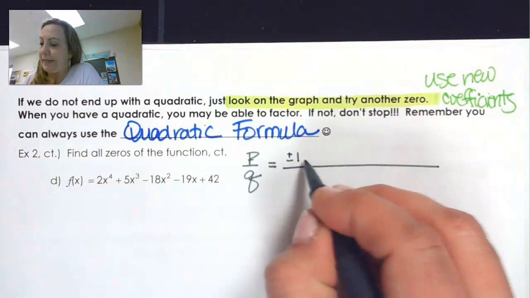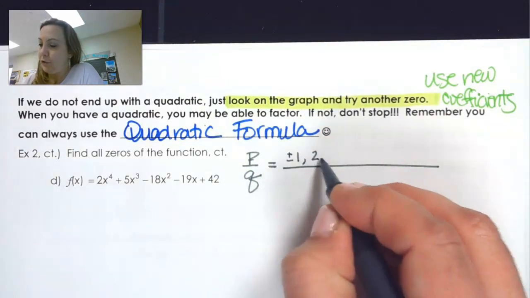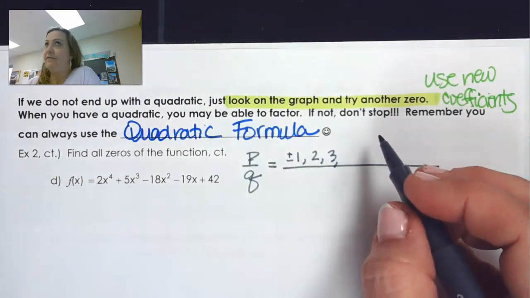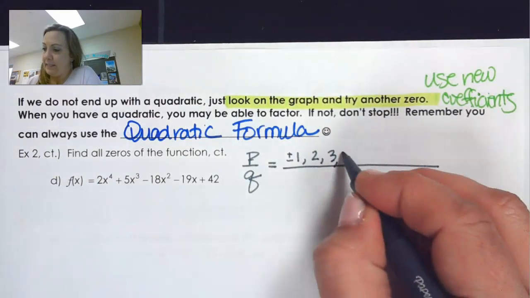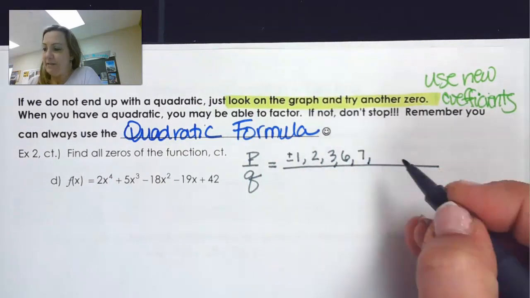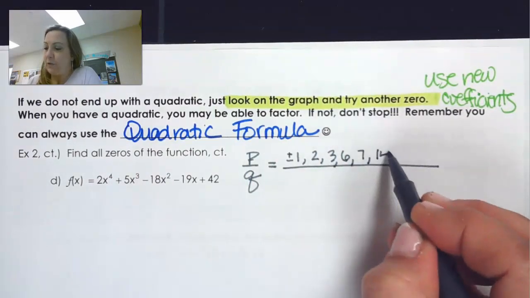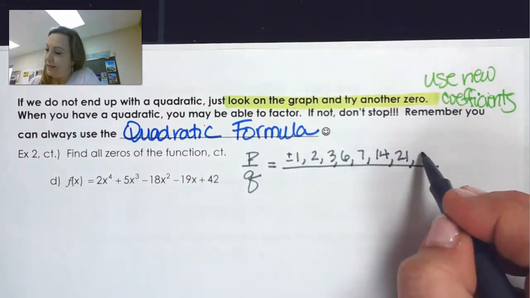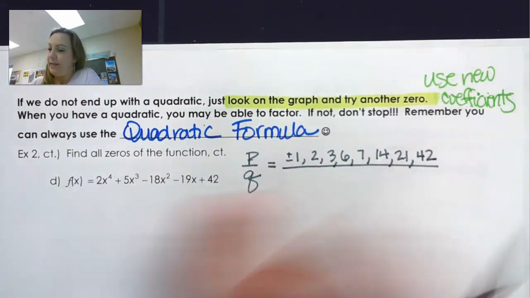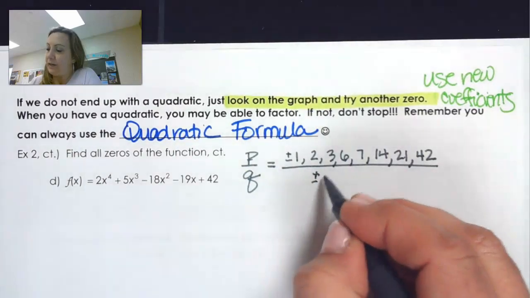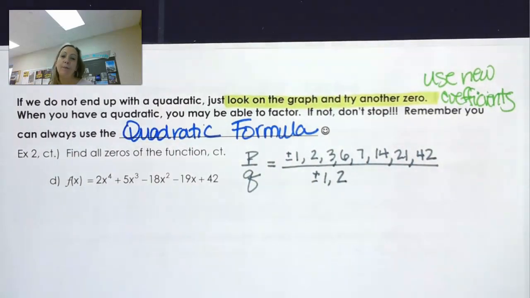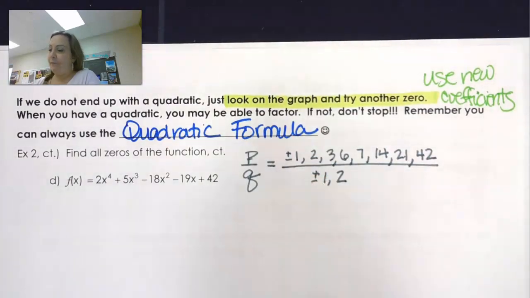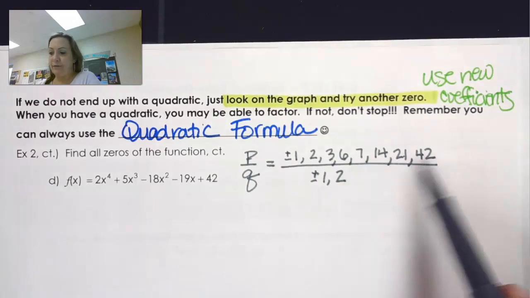So I have plus or minus 1, 2, 3 goes into 42. 4 doesn't, 5 doesn't, 6 does, and it's 6 times 7. 3 times 14, 2 times 21, and then 1 times 42. And then factors of 2 are 1 and 2. So remember, all the possible zeros are 1, 2, 3, 6, 7, 14, 21, and 42.